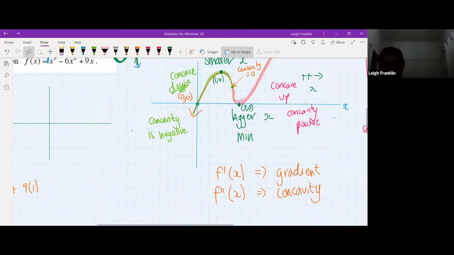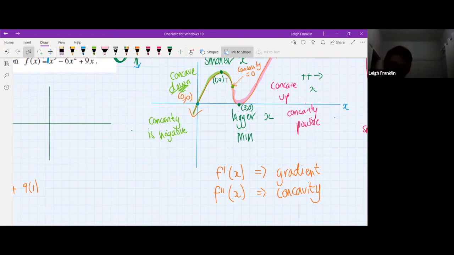We can work out the x-coordinate at the point of inflection, and it is in fact something that they do ask us to do, because one of the questions that often gets asked is, for which values of x is the graph concave down, or for which values of x is the graph concave up? They love to ask questions like that. Often it's out of 2 marks, and it's actually not a particularly difficult question to answer.